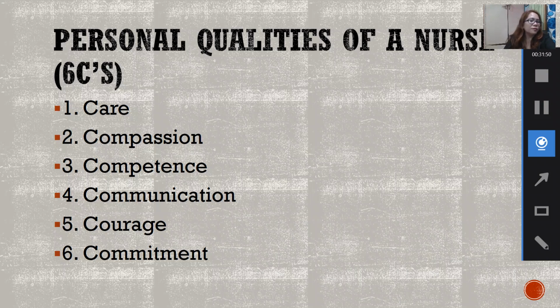And the fourth C is communication. Yan, communication. So, di ba, sabi nga natin, in communication, dapat you learn the art of communication, the therapeutic communication. So, what is communication? How will you define communication?